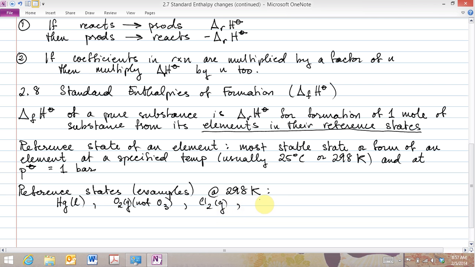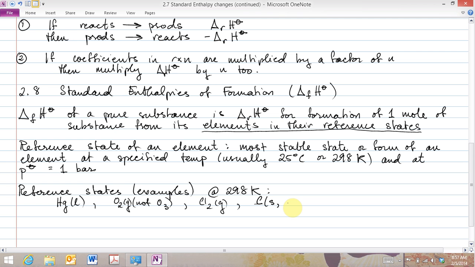Carbon, its most stable form at 298 is solid, and in particular, well, there are several different forms of solid carbon.